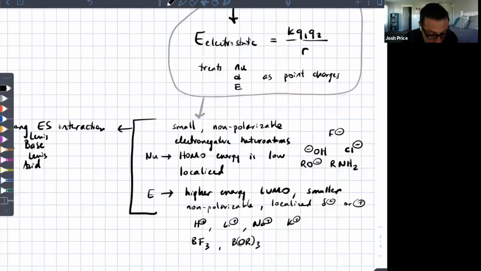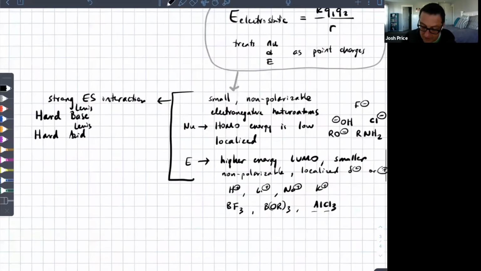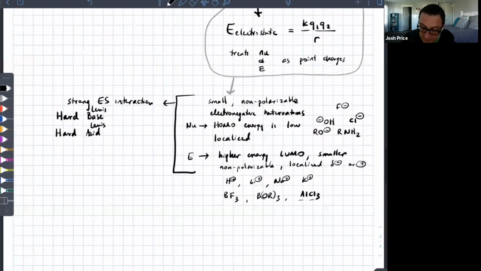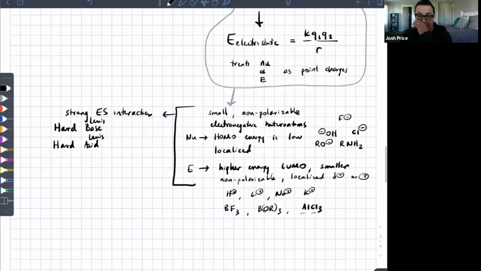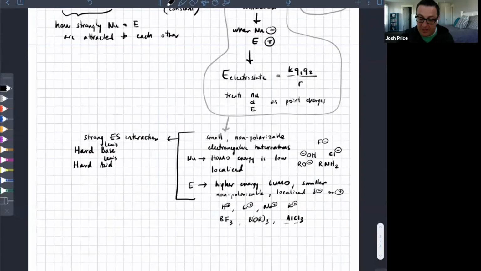And another few that you tend to see in Friedel-Crafts reactions. Aluminum is a fairly non-polarizable electrophile.